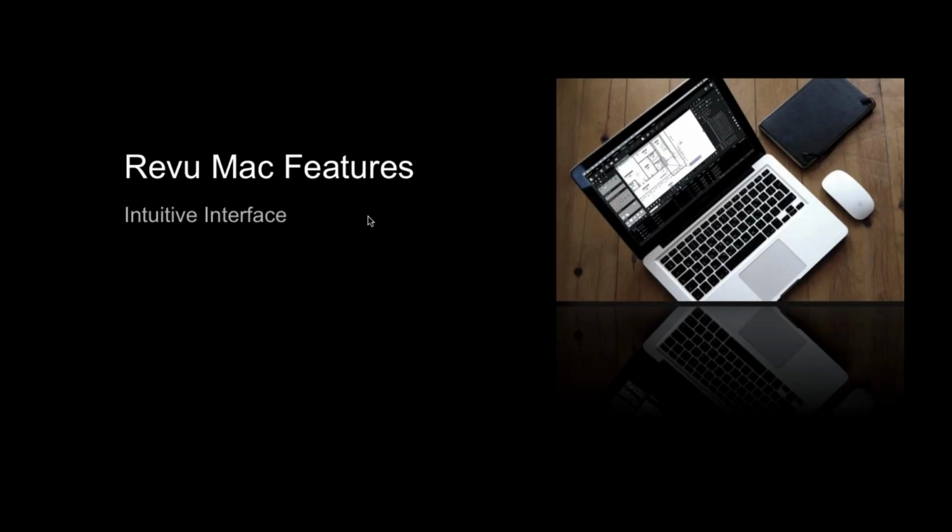Those you're going to see today in Revu Mac include a very intuitive interface that is easy to use and very simple to navigate. It also has markup and measurement tools to take care of all of your annotation needs. Whatever the comment is you need on the page, we can get that onto the page in a way that makes sense for you and your project partners.